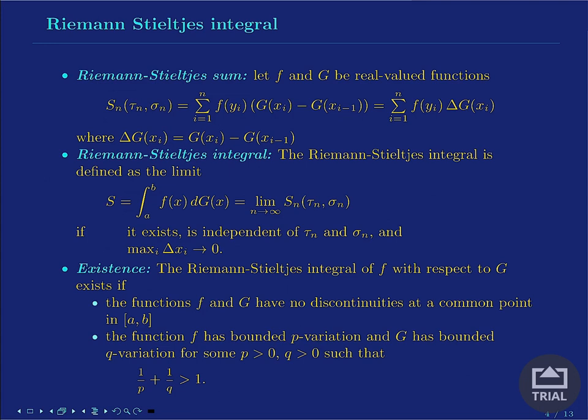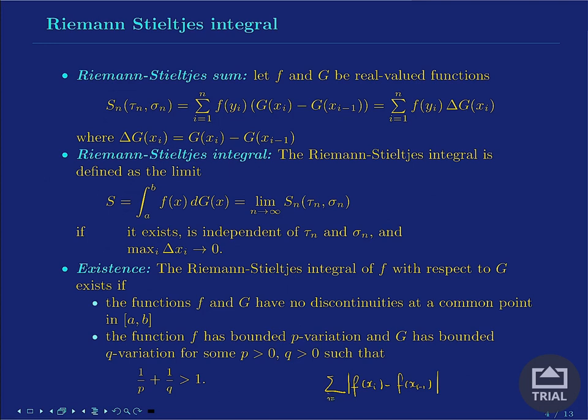Bounded p variation means, for the function f, that we take a partition and we sum the absolute value of f at xi minus f at xi minus 1, this increment in f over the interval from xi minus 1 to xi.